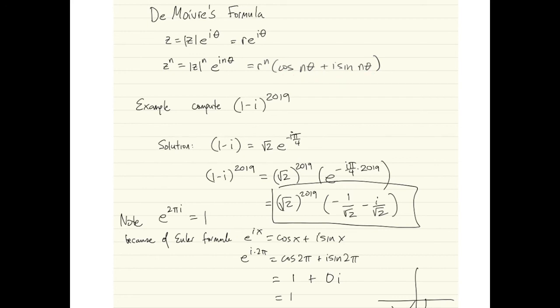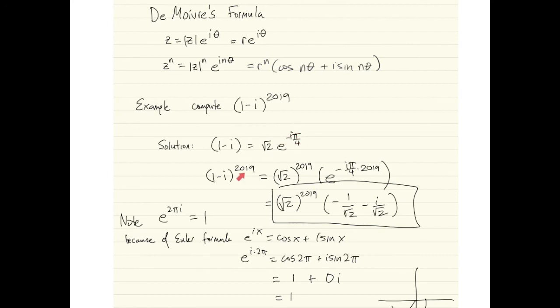So let's see how we can use this. Well, here's a simple example. Compute 1 minus i to the 2019 power. And the trick is to use the polar coordinate expression that we found for 1 minus i. This was the previous example we did. We found that 1 minus i is root 2 times e to some exponent.